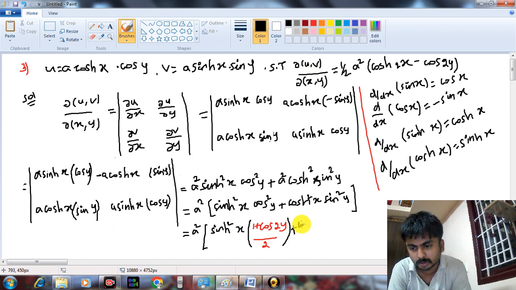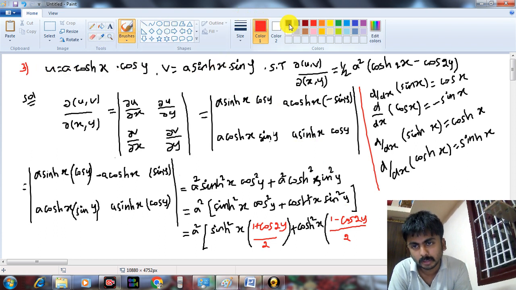So here it is cos h square x, and for sin square y we have, instead of 1 plus cos 2y by 2, 1 minus cos 2y by 2, 1 minus cos 2y divided by 2.